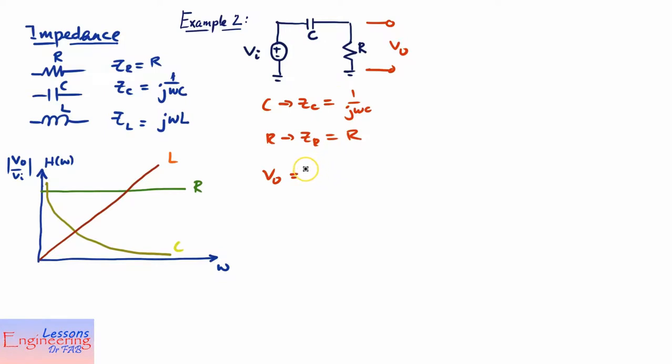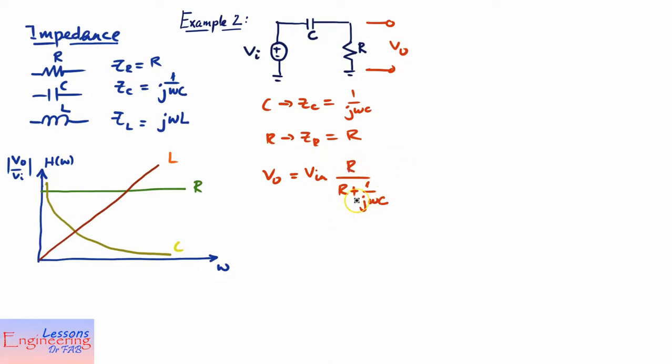So that will be the input voltage multiplied by the impedance of the resistor over the total impedance, which is R over R plus 1 over j omega C.